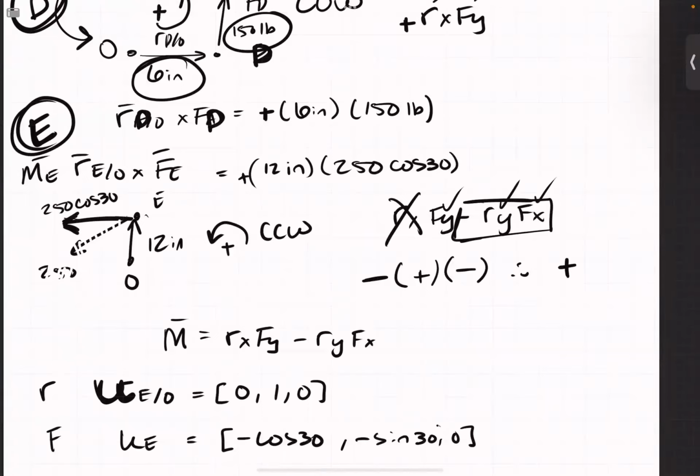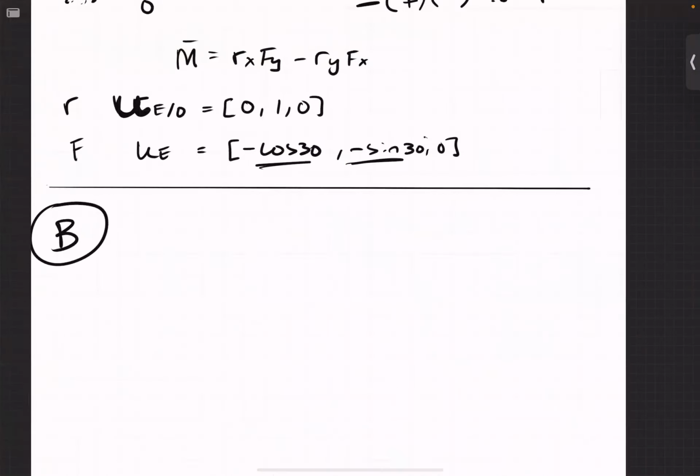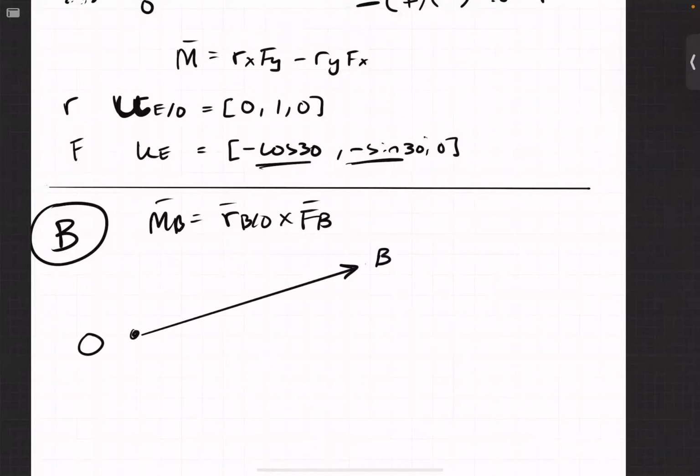Now for B with respect to O. The moment of B is R of B with respect to O crossed with F of B. Between point O and point B, in the X direction it is 24 inches, even though it's not a square, and in the Y direction, 12 inches.